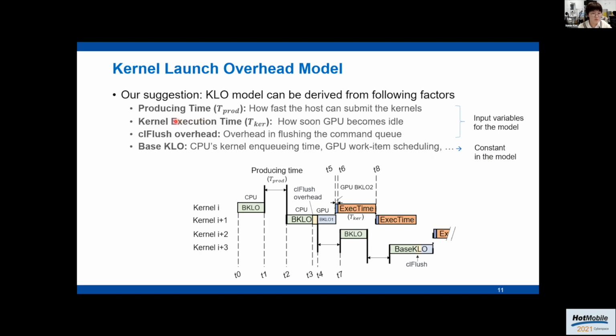The input variables are processing time, tprod, kernel execution time, tcur, and shell flush overhead. tprod and tcur are determined by the CNN models, the DL framework, and the GPU used, while shell flush overhead and other base clocks are determined by the GPU and CPU. To make the problem simple, we assume that tprod and tcur are the same across the layers.